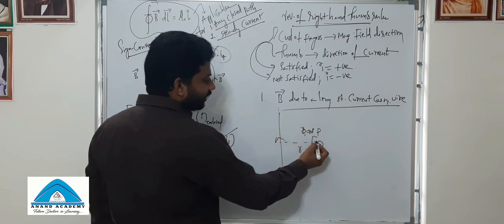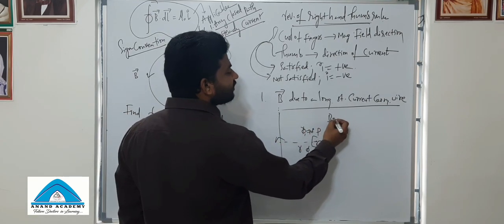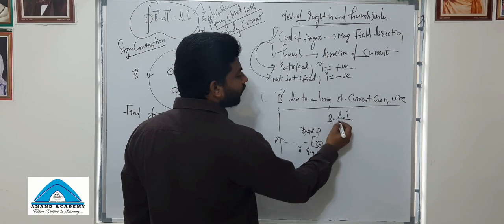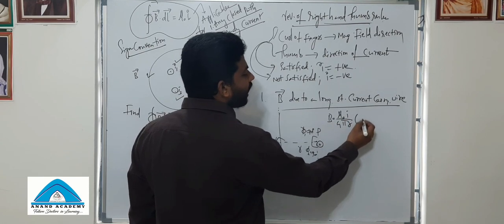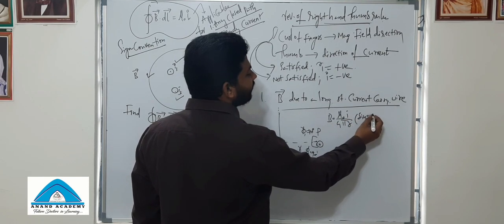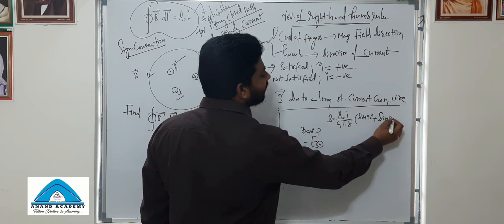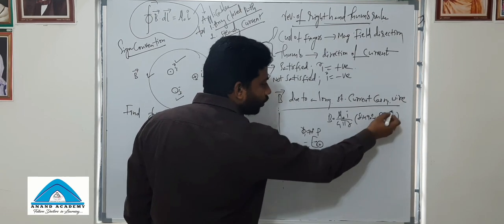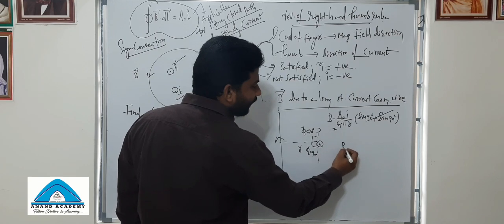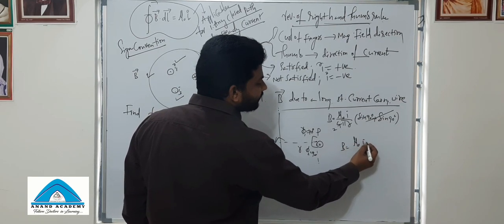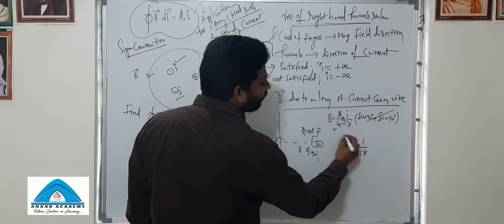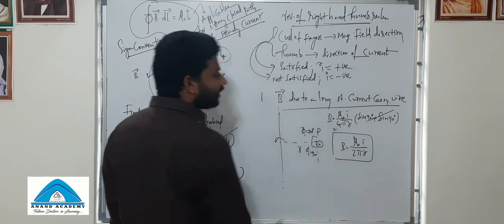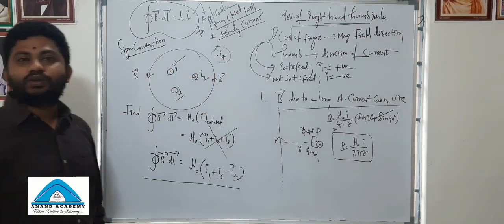The magnetic field at this point is B equal to mu naught I by 4 pi r into sine 90 plus sine 90. So here it is 2, and the 2s cancel. So the magnetic field due to a long straight current carrying wire is mu naught I by 2 pi r.